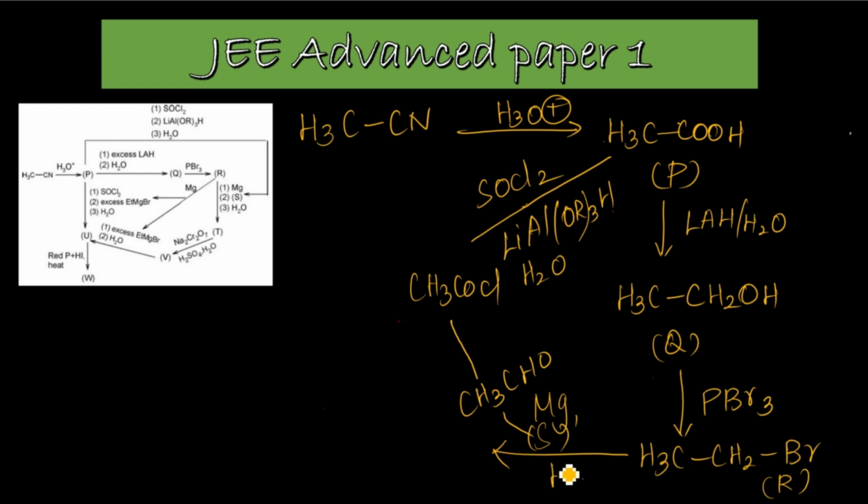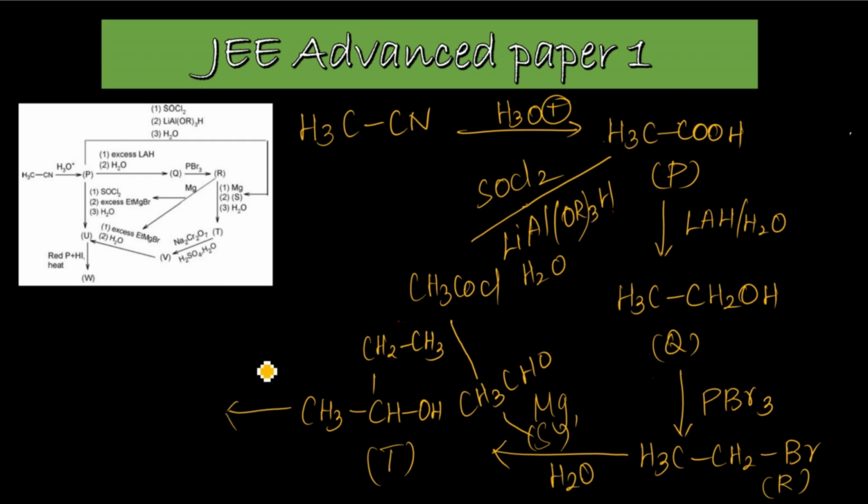Then magnesium with S and H2O. R is forming CH3CH2CH(OH)CH3 from ethyl bromide. That is our T. And T is undergoing oxidation with sodium dichromate, right?